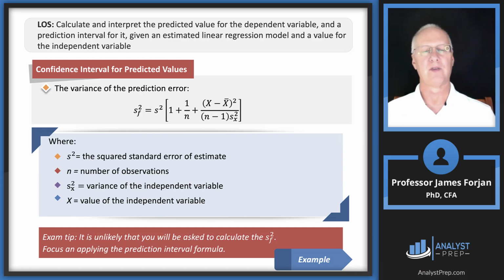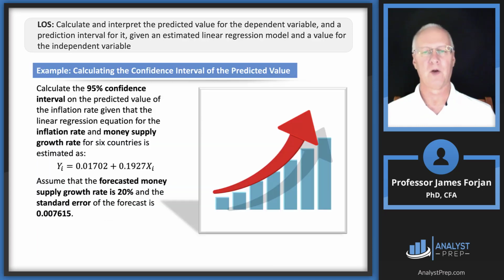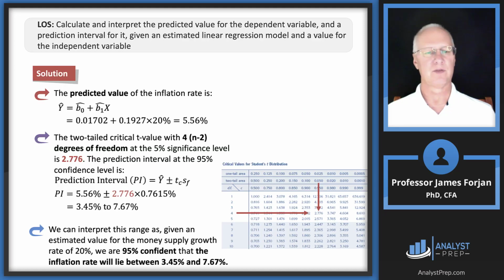Here's the variance of this predicted or prediction error. And look at the exam tip. It is unlikely that you will be asked to calculate. Rather, it will probably be given to you in the question stem, much like it is here. So there's our regression equation. The standard error of the forecast is, what is that, 0.7615.